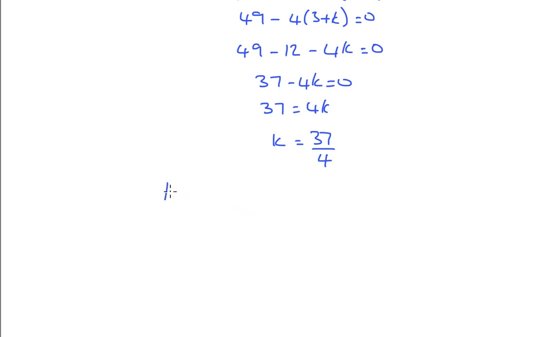It asks for this in set notation, so k needs to be between 7 and 37 over 4, but it's allowed to be equal to 7. 7 will give you 2 intersection points. 37 over 4 won't give you 2 intersection points. Sorry, that's a terrible curly bracket. It's a little bit better. So that's your answer for the last part.